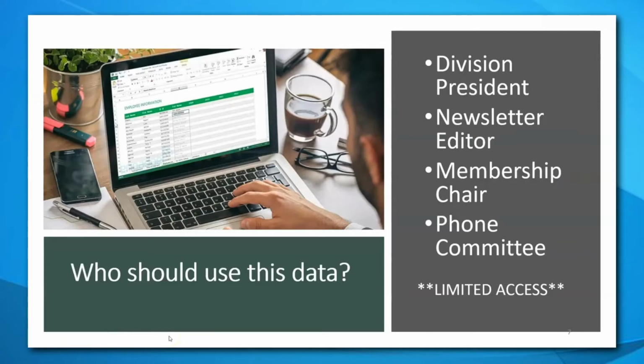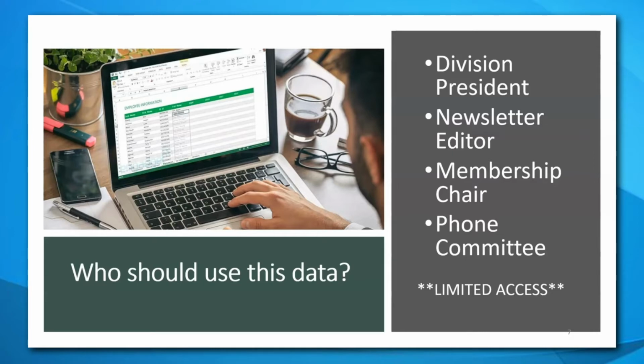So who exactly should use this data? Well, certainly the division president would want the full file at their disposal, as they are tasked with maintaining contact with members and designing different types of recognition or special programs based on the information. Now, newsletter editors would certainly need the email addresses and postal addresses to facilitate sharing and distribution of the division's newsletter.